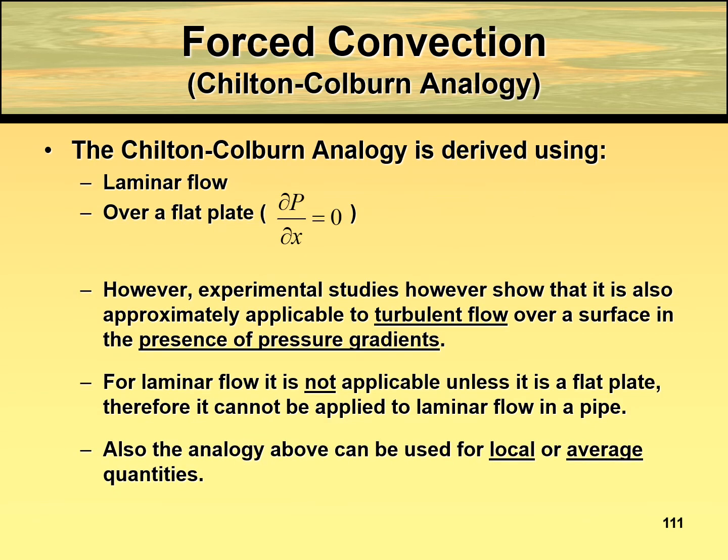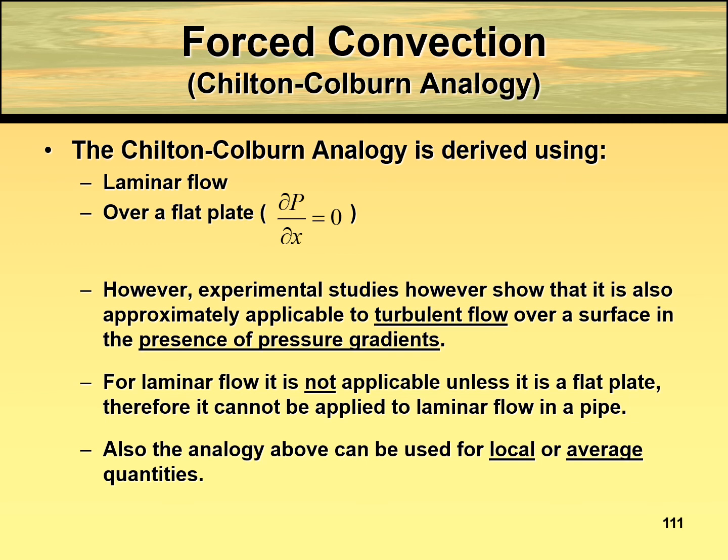The Chilton-Colburn analogy is only applicable for the laminar flow condition over a flat plate where dP over dx is equal to 0, which means there is no change in pressure. However, experimental studies have shown that it is also approximately applicable for turbulent flow, but we are not that confident to use it for the turbulent flow region.